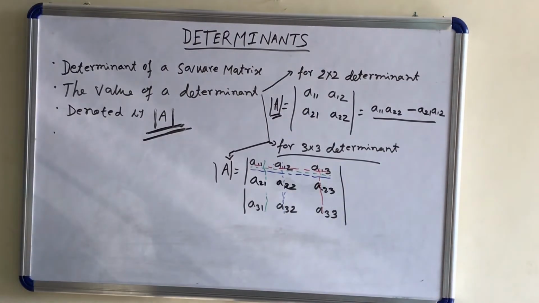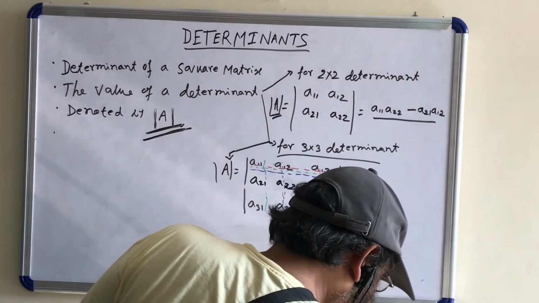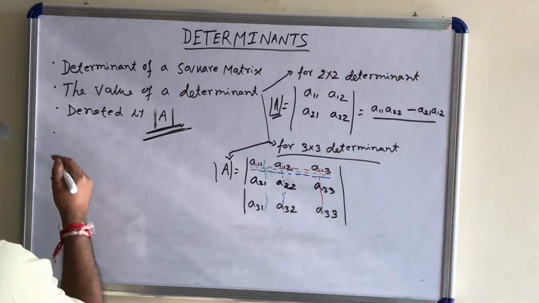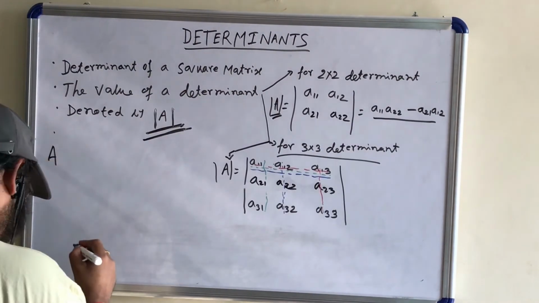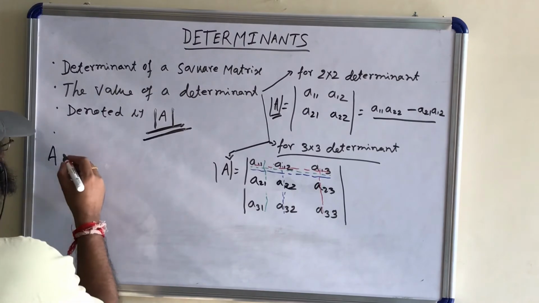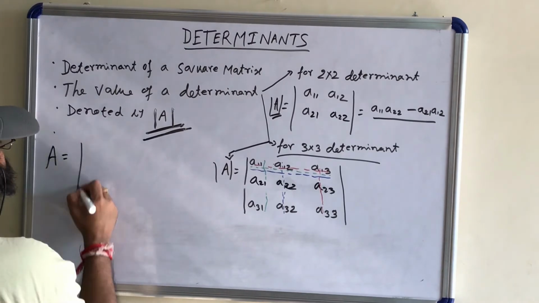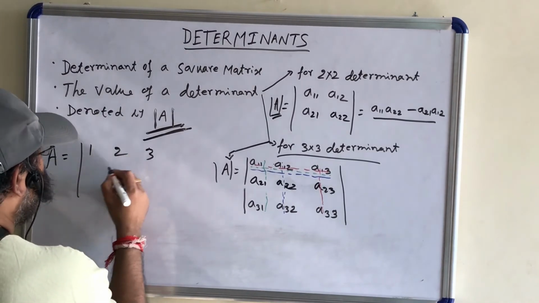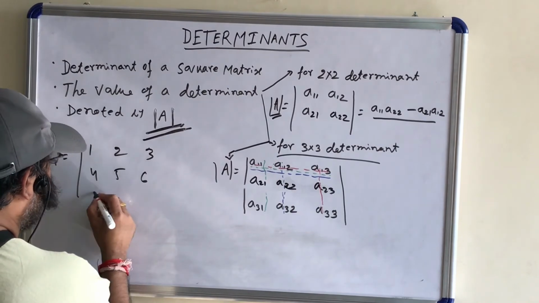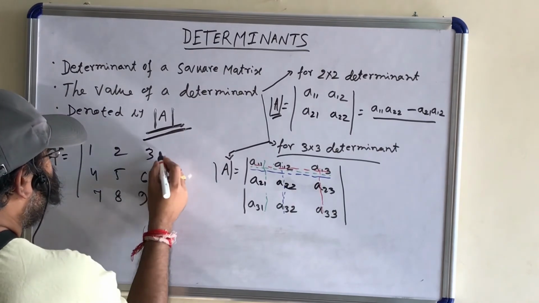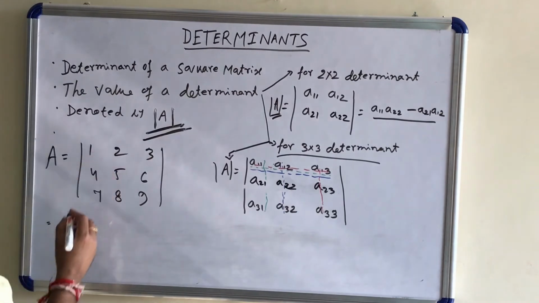Say I am taking a numeric determinant, say determinant A equal to 1, 2, 3, 4, 5, 6, 7, 8, 9. What will be the value?